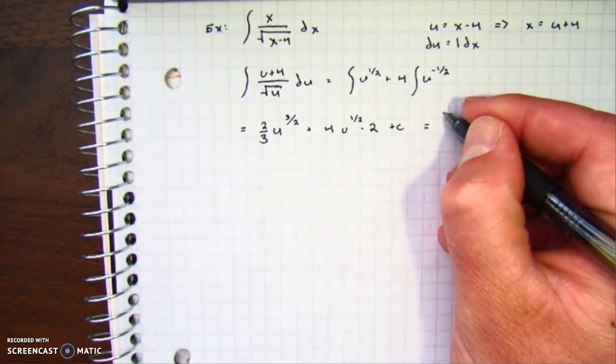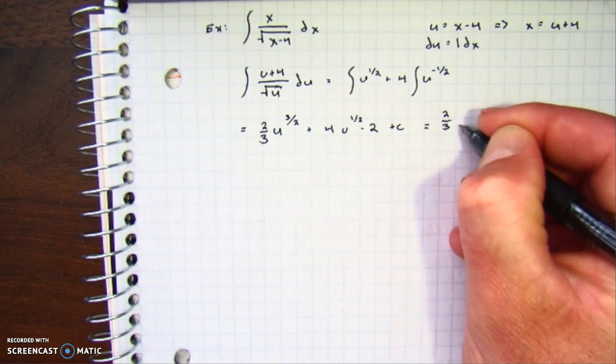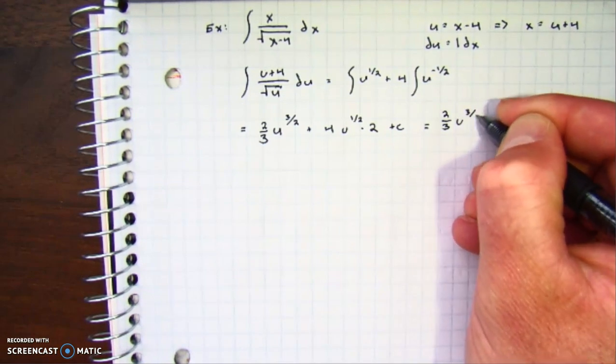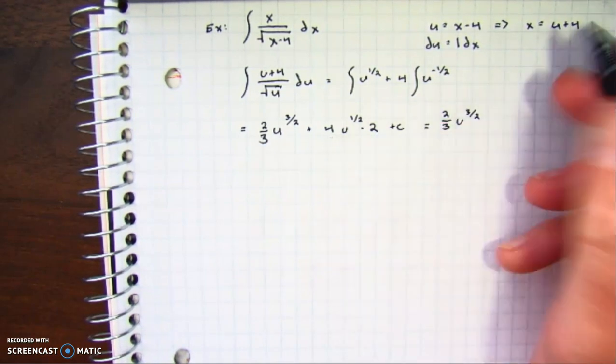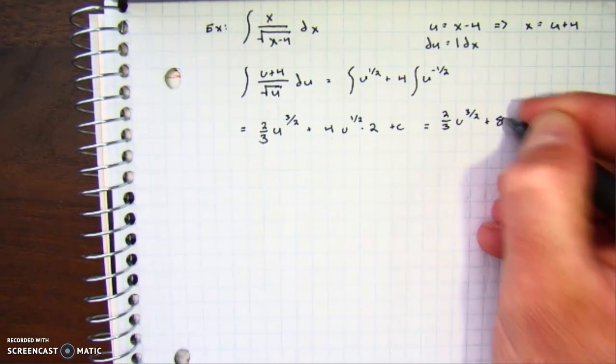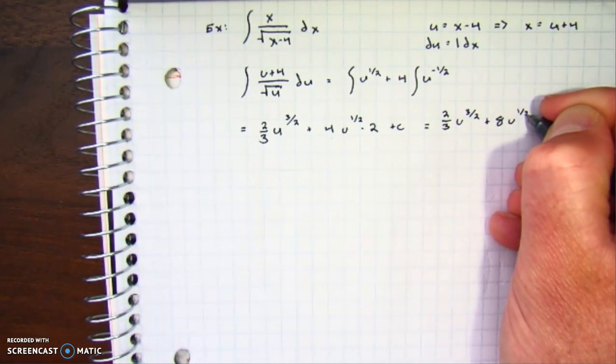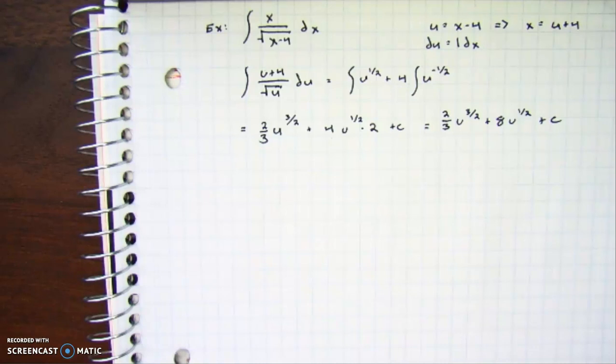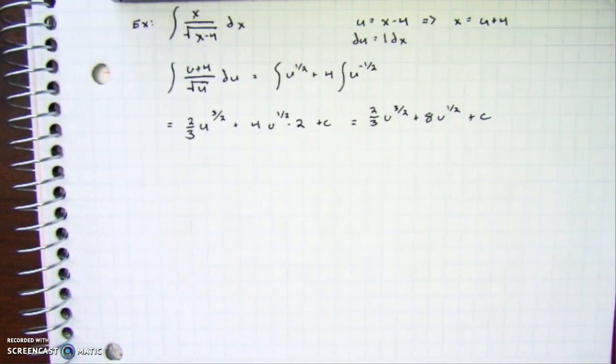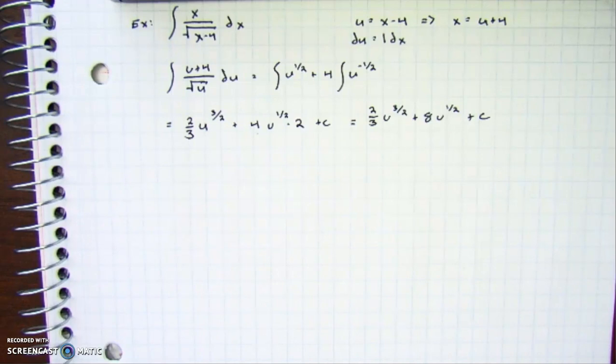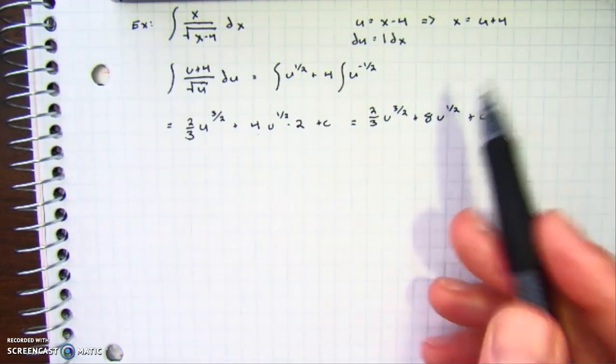All right, so let's simplify this a little bit. The first one stays the same. It looks like 2/3 u to the 3/2. 4 times 2, that's plus 8 u to the 1/2 plus c. All right. Now looking at this, really, all that we're doing now just comes down to a little bit of algebra.